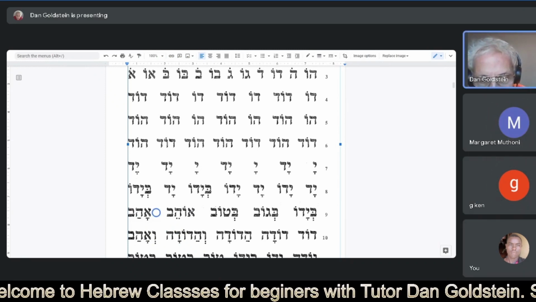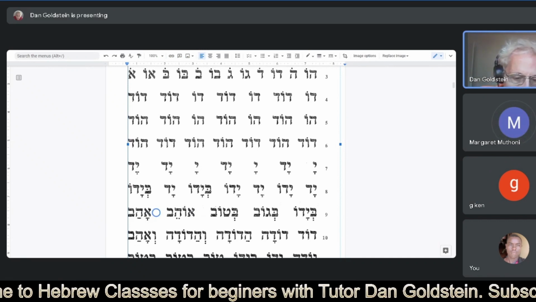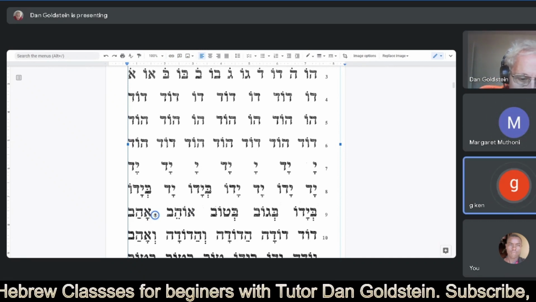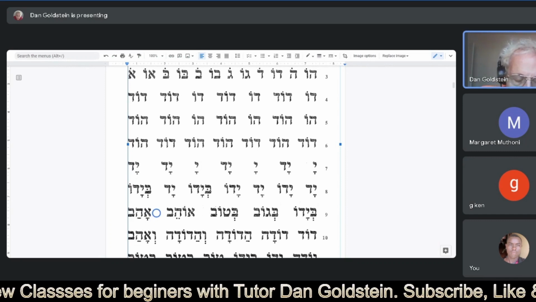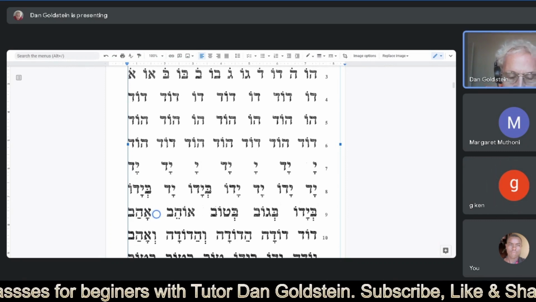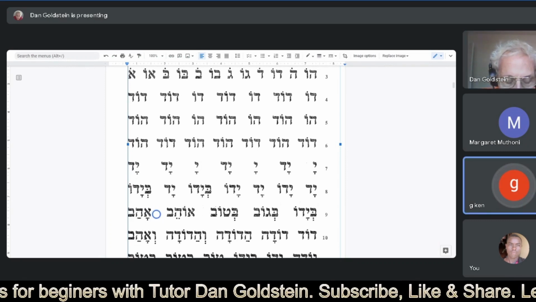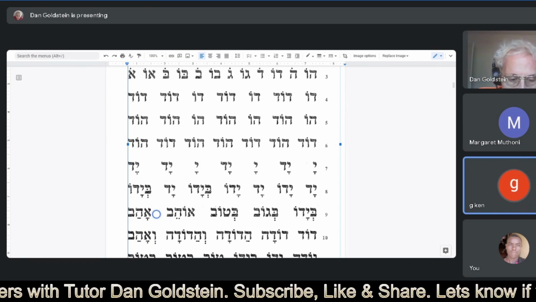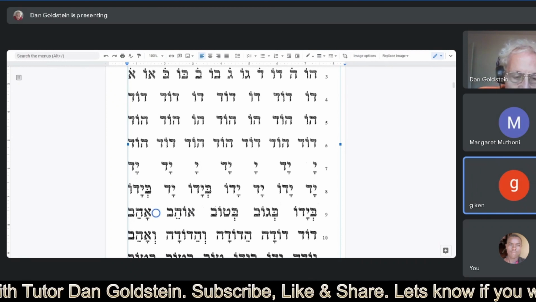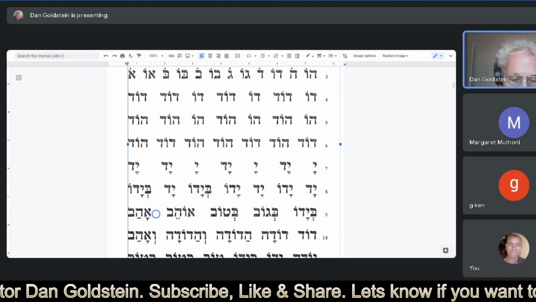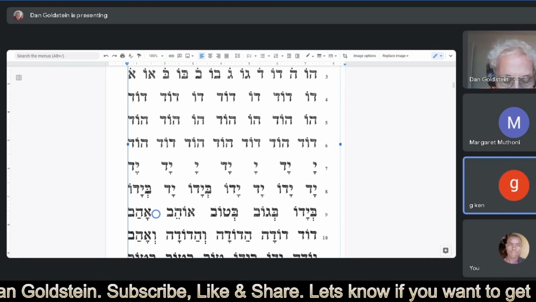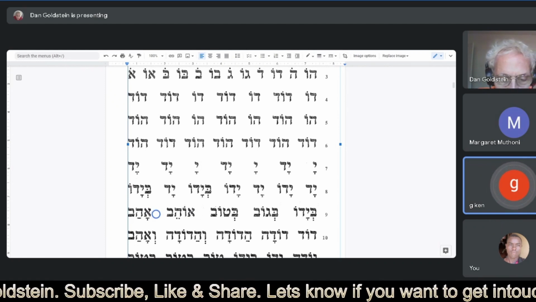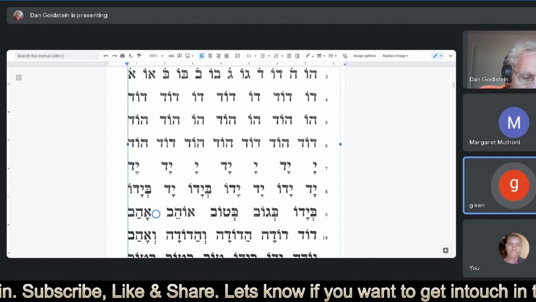Good, ahav. And again, Gideon, break this one into syllables for us. Which is the open and which is the closed? There are two syllables.